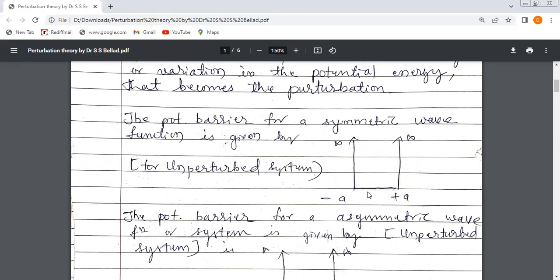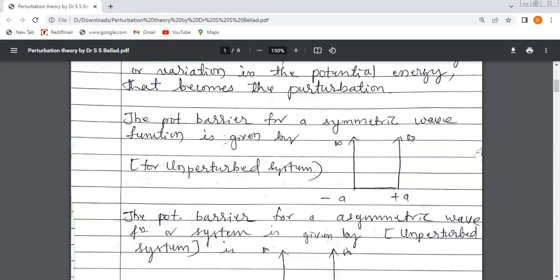It is a potential barrier. This value A is the width of the potential barrier. It is increasing in the positive x direction or negative x direction in two dimensions. The vertical axis, or y-axis, indicates the height of the potential barrier.